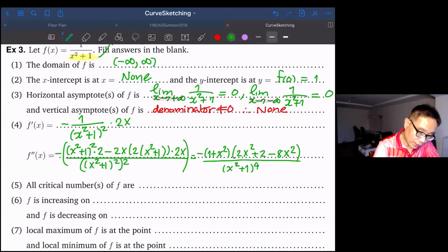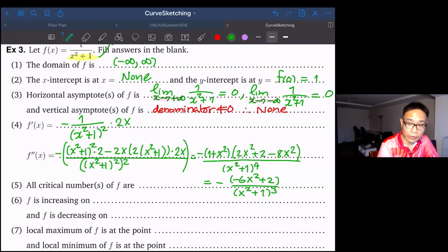And you see that this will become negative of negative 6x squared plus 2 over x squared plus 1 to the third. And this guy equal to 0, okay?